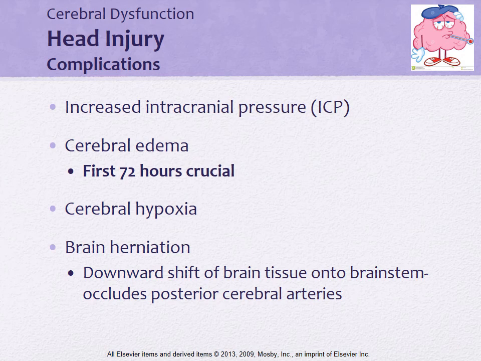That's what I was saying in class: when you have the spike in the blood pressure and the drop in the heart rate, that's a potential sign that a herniation just occurred. There are different types of herniation. Some of them may not even make a difference in the long run, but some can be so bad the kid dies. So watching that edema is huge, and monitoring those ICPs is huge.